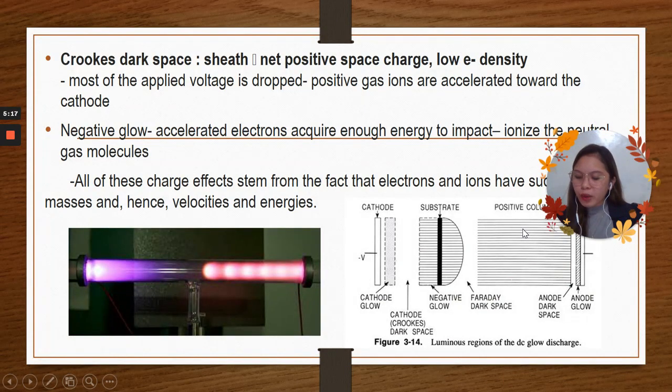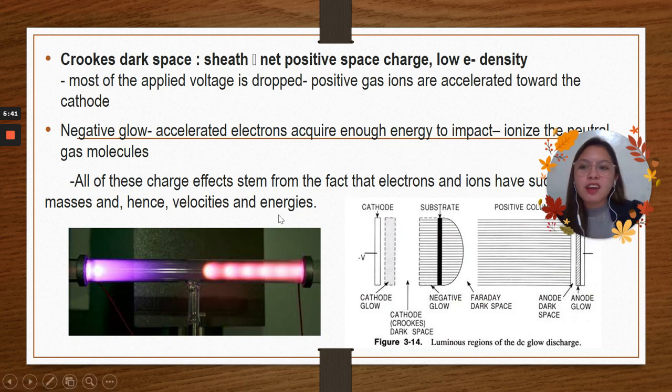And also we have the positive column, this long line here. This is a long glowing region, which fills most of the distance between the electrodes. And here we have the anode dark space, the region between the anode glow and the anode in a vacuum tube, occurring when the pressure is low. We also have the anode glow.